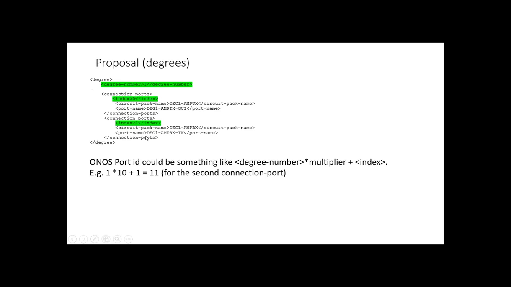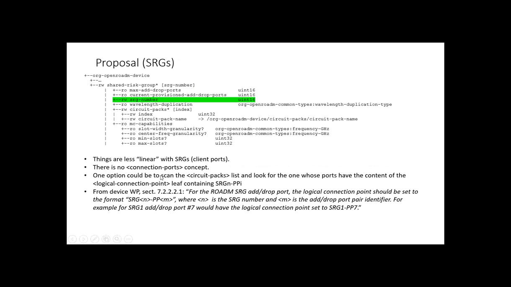And we may, for example, take degree number, multiply it by 10, and add 0 for one of the two connection ports, and 1 for the other one, and have the two identifiers. For SRG it is a little bit more complicated, because we have an SRG number to identify the shared risk group. And again, this is the key for the list, so it's a unique identifier, but we don't have an identifier for the port inside the SRG.